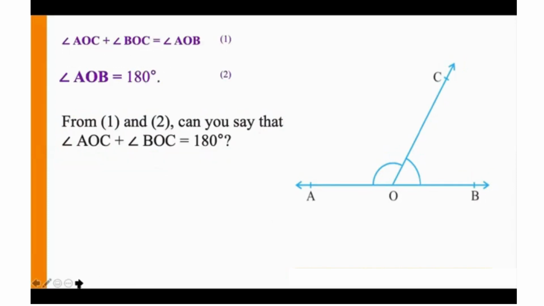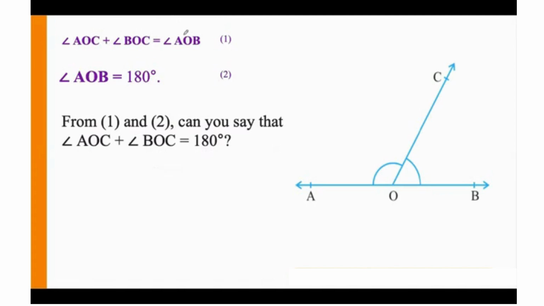So if angle AOC plus BOC is equal to angle AOB, let us take it as statement 1, and angle AOB is also equal to 180 degrees, let us take that as statement 2, then from 1 and 2, what can we say?